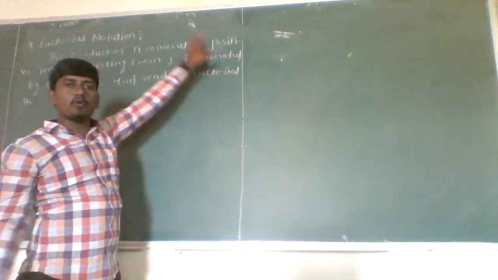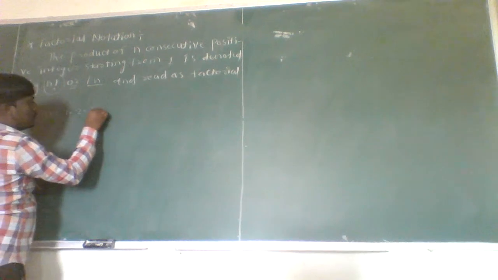If suppose there is a number n, then the product of n consecutive positive integers starting from number 1 is denoted by these two symbols, either this symbol or this one, and it can be read as factorial n.